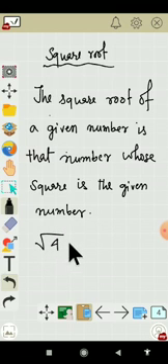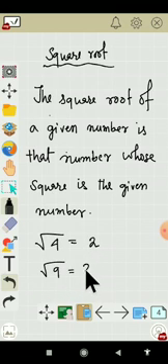Root 4 equal to 2, root 9 equal to 3, root 36 equal to 6.